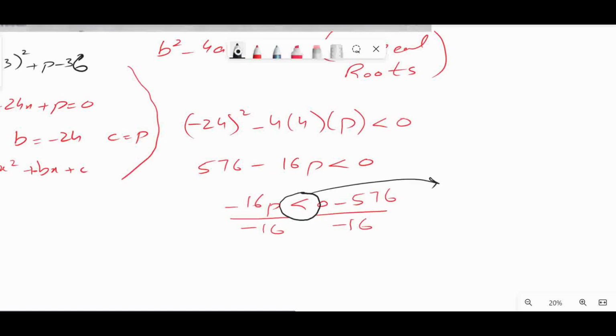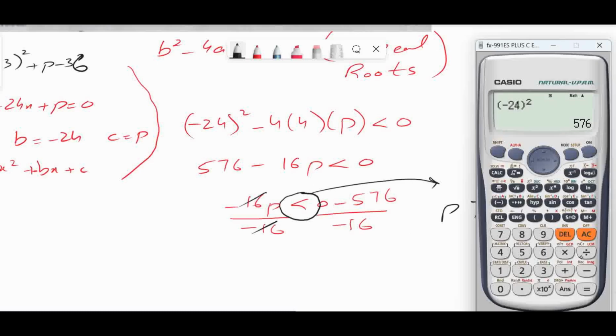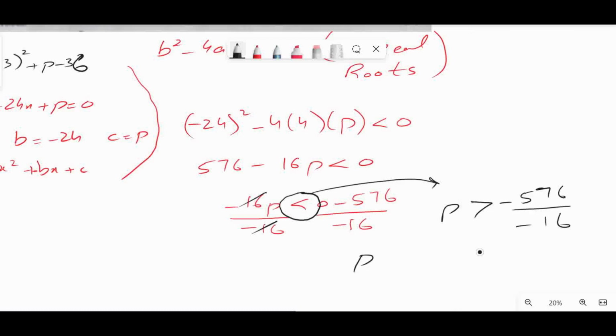So we can write it as p must be greater than minus 576 divided by minus 16. Divided by 16, this will be equal to 36. So we can say that p must be greater than 36. So this will be the final answer. I hope that the concept is clear.